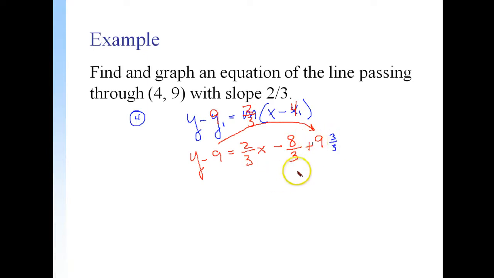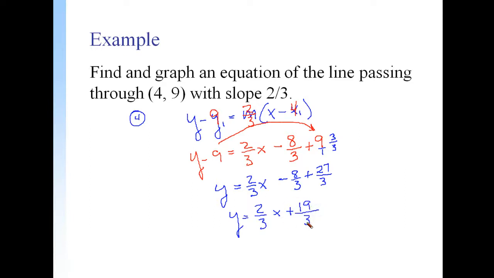This gives me negative 8/3 plus 9 over 1, remember, which becomes 27/3. Now I can do it. So y equals 2/3 x plus 19/3.